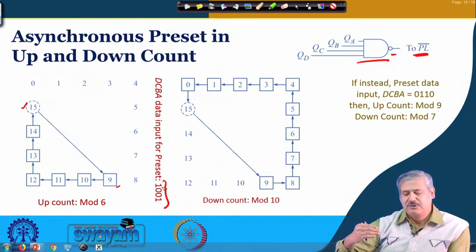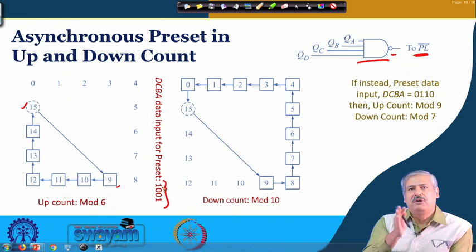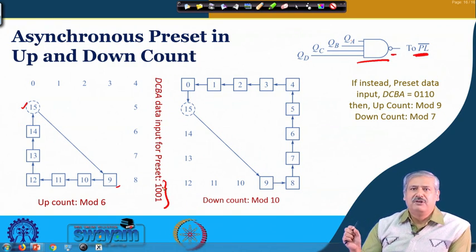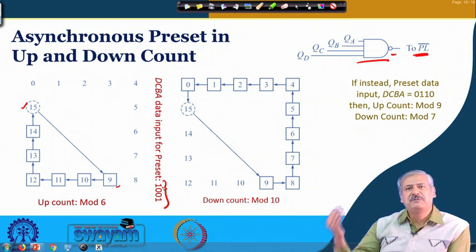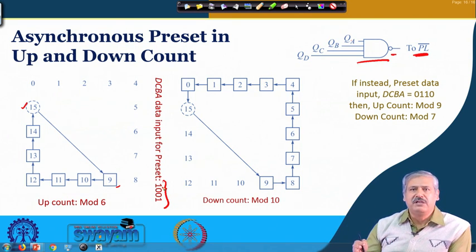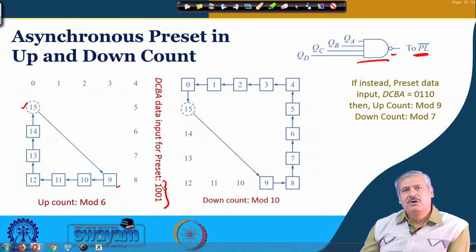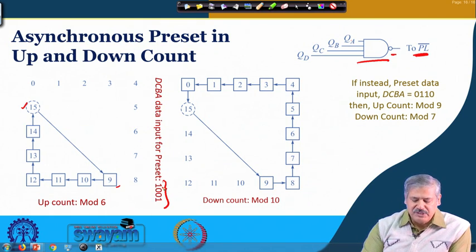Earlier, for 7490, 1001 was internally getting preset, but we have now put external values 1, 0, 0, 1 separately. So, it will go to 9.